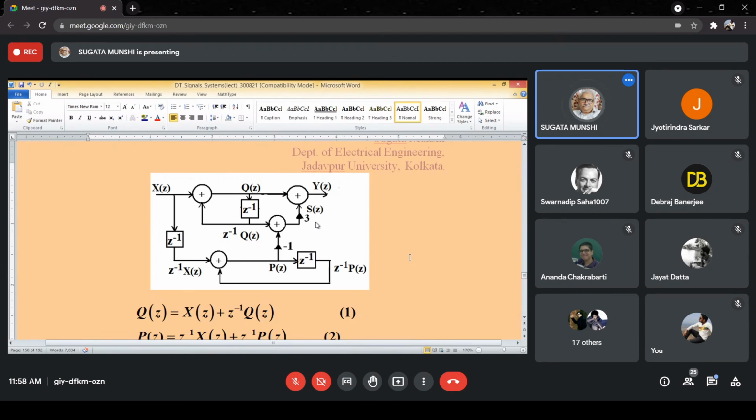What condition should the Z transform satisfy? Follow me carefully. What condition should the Z transform satisfy so that the Fourier transform exists? Sigma equal to 0. Which sigma?